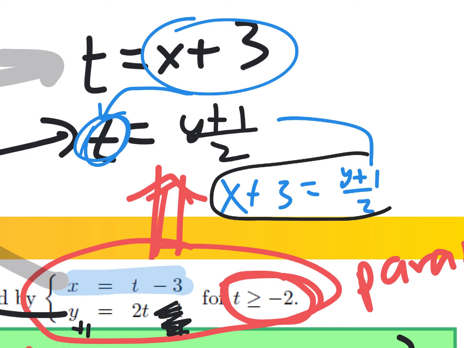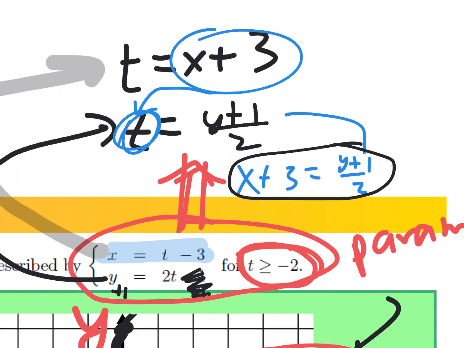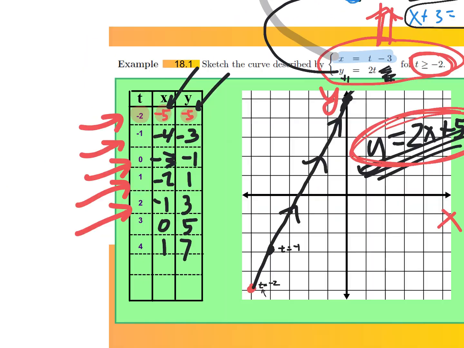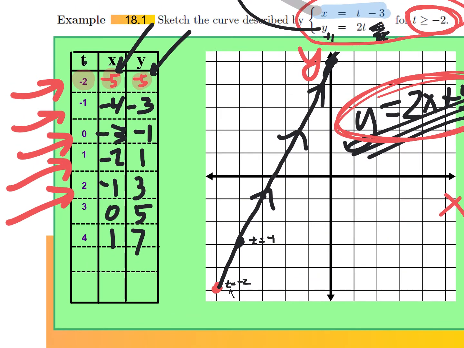There. The only thing wrong with that is that if you graphed it, it would go forever in both directions. Think about that. Don't normal lines, straight lines, they just keep going forever. How do we get it to start and stop? Well, look at where it started and stopped in the first place. But we don't have a t anymore, so we can't say it was from -2 to whatever.